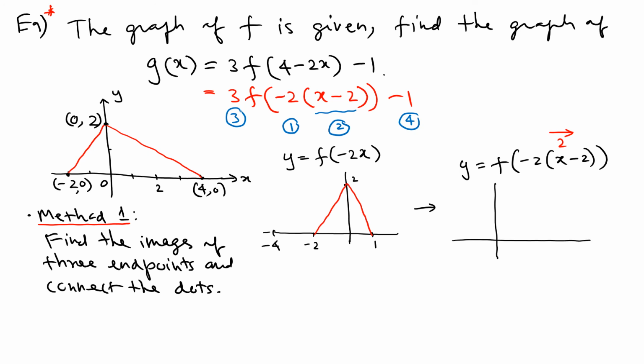It's going to move by 2, so negative 2 goes to 1, and 1 goes to 3, and the vertex stays at the same y value, but is still moved.